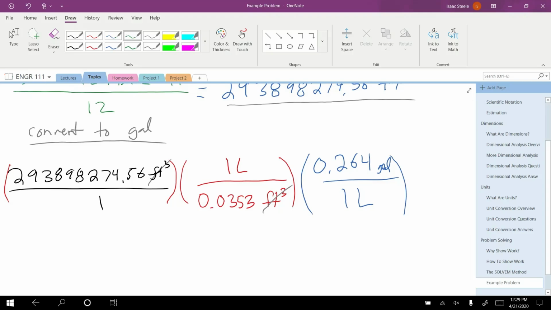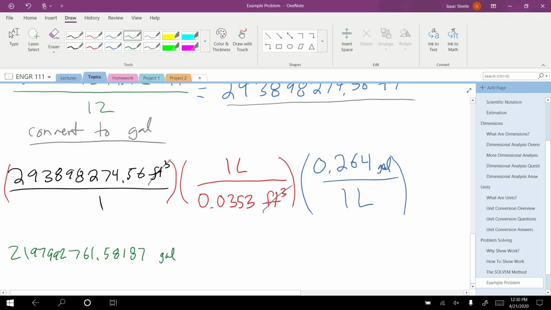I'm going to get 197,992,761.58187. And this is gallons.